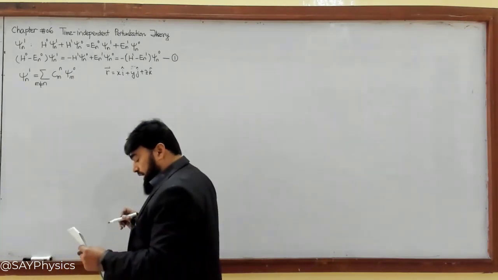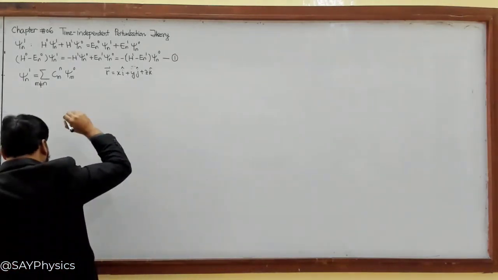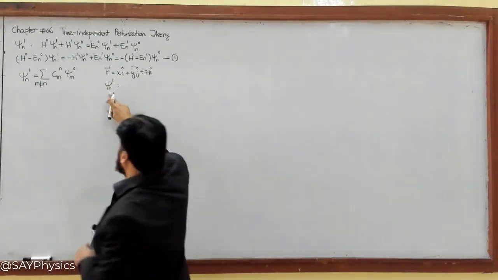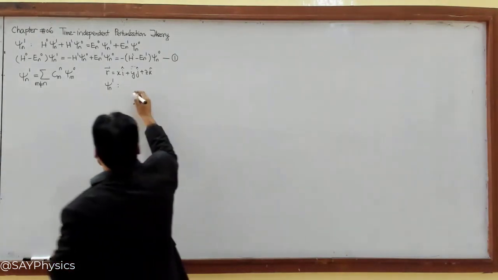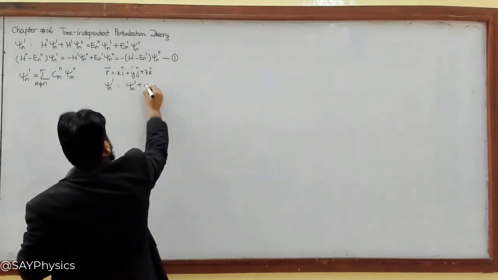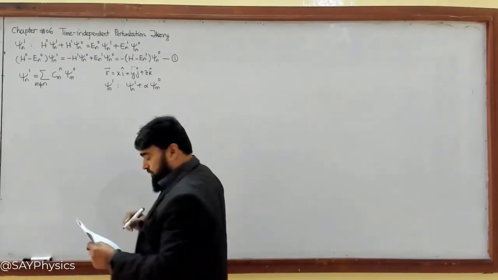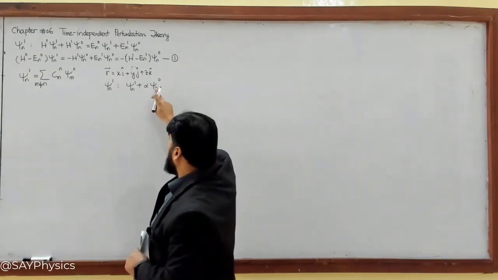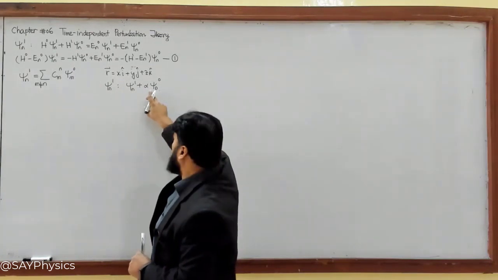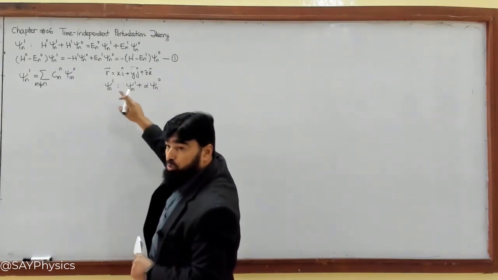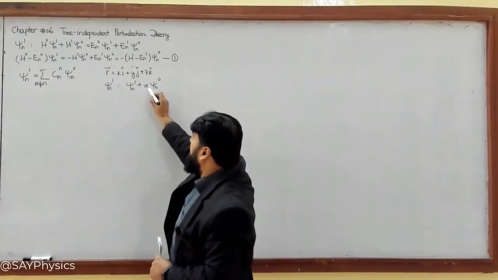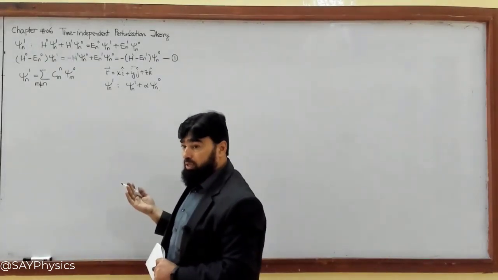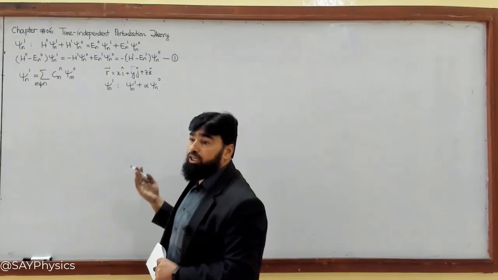And you know that if psi n1 is the solution of a given equation, then psi n1 plus alpha psi n0, or any other in that set, psi n0, psi n1, psi n2, for any constant value of this alpha will also be a solution of that equation, as they are linear combinations.